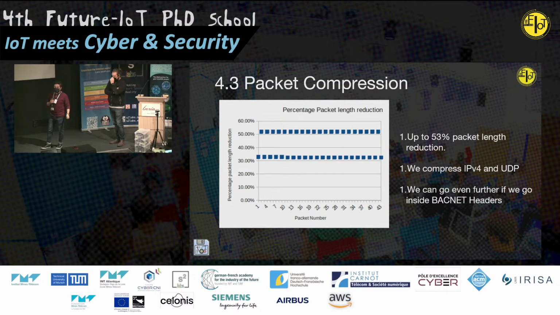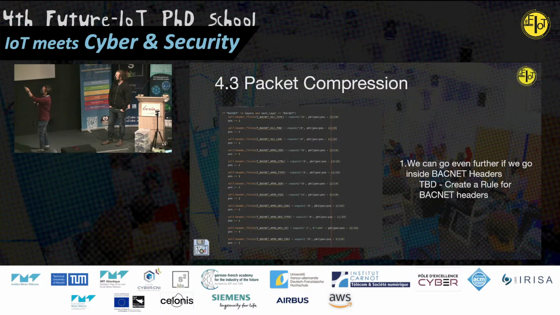So this was really good to send through LoRa. And then we could have better results if we go further with the BACnet headers. As I told you, for the BACnet headers, we were able to get some of them with the packet from the pickup file, but we will have time to build all the rules for the Scapy library.